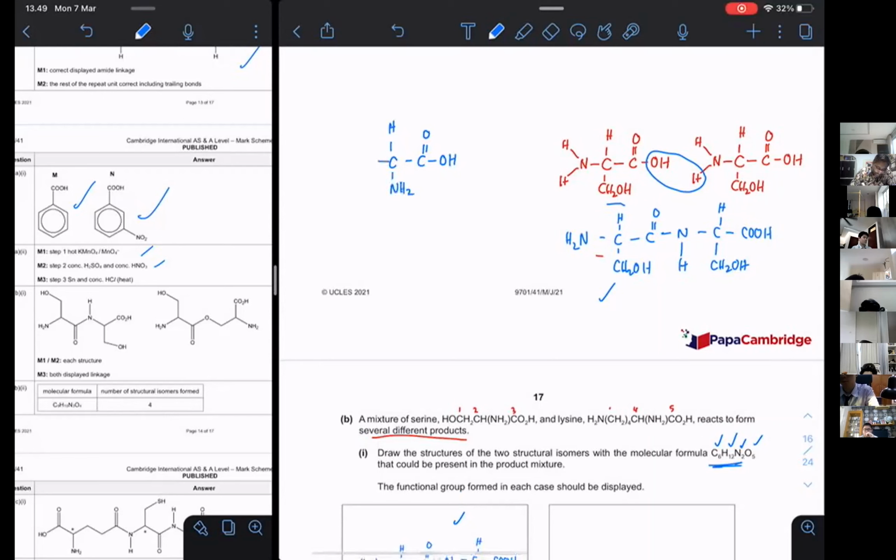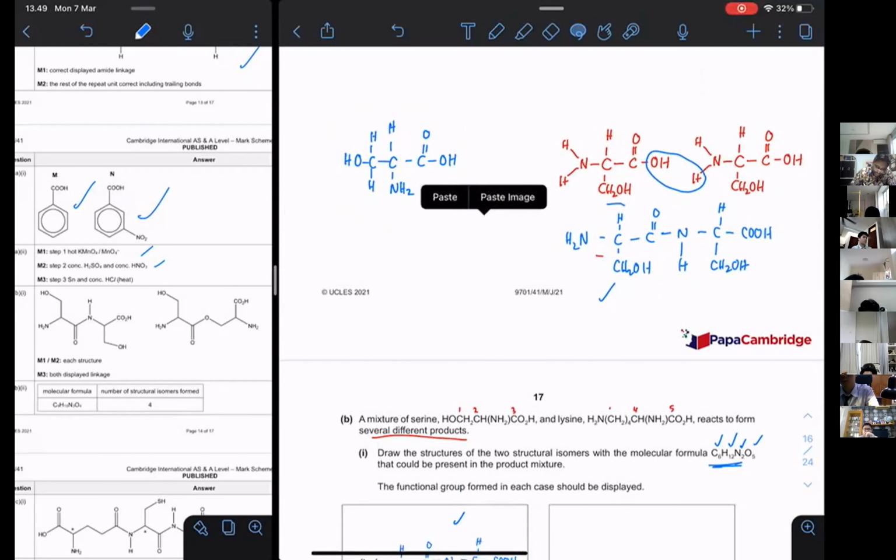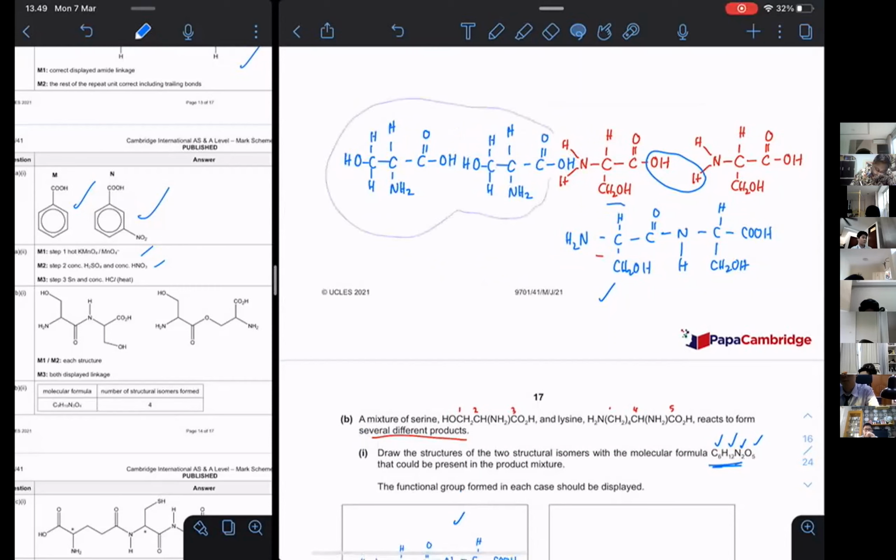And then the alcohol, CH2OH, I put it here. Now I copy this, paste.